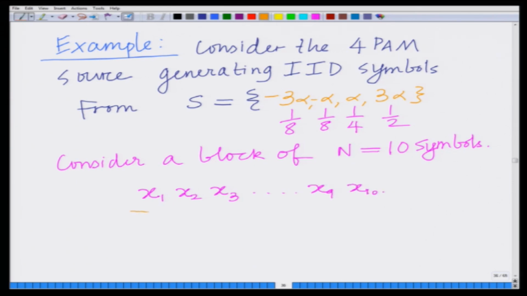So, we are considering a block of n equal to 10 symbols, and we would like to ask the following questions.